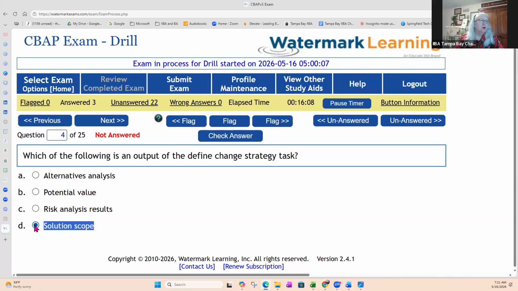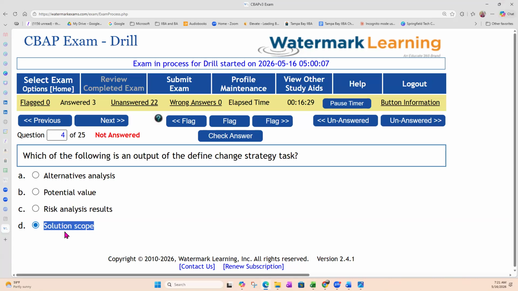Define change strategy's purpose is to develop and assess alternative approaches to the change and then select the recommended approach. It's got two different outputs. If you had excluded this one, which one did you think was the correct answer? Change the strategy itself.